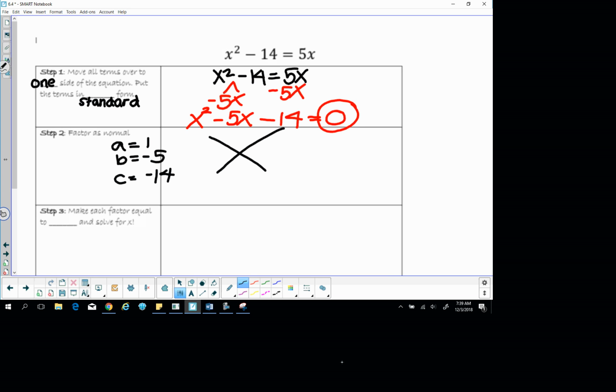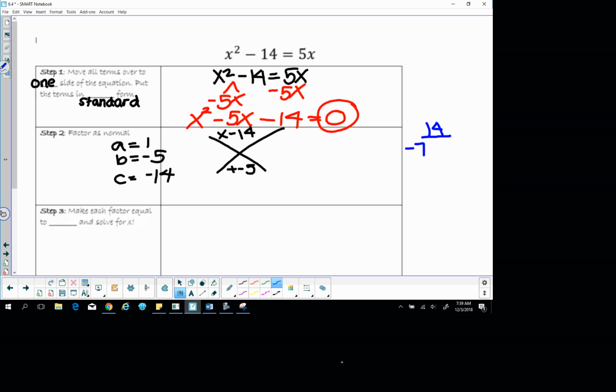So 1 times -14 is -14, and we're adding to -5. Let's list the numbers that multiply to -14, or some of you can just think of the two numbers that multiply to -14 and add to -5. What two numbers multiply to 14?